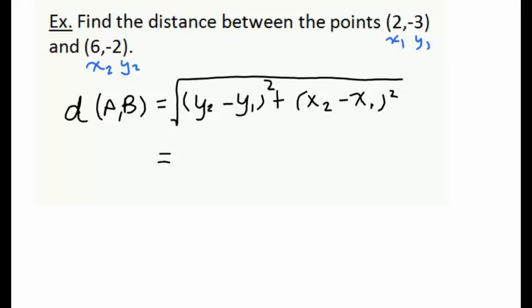So now we can go ahead and make a substitution into our formula. We have y2 is -2, y1 is -3, and we have x2 is 6, and x1 is 2.